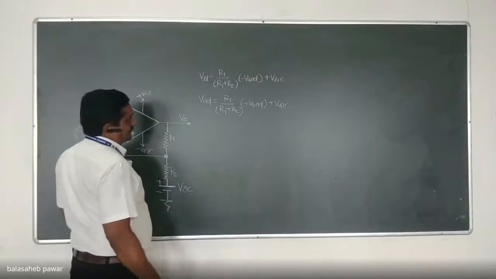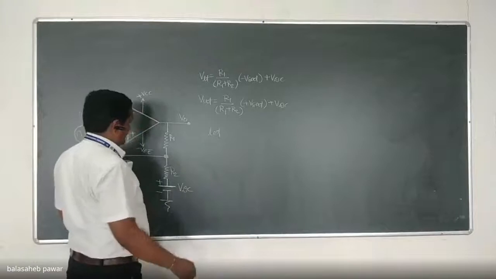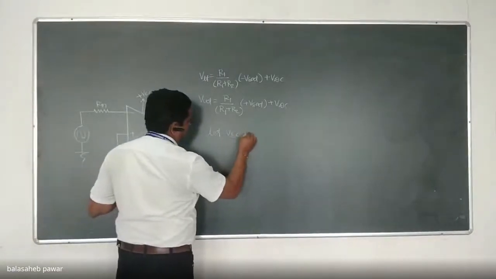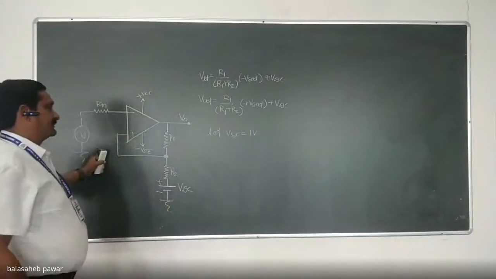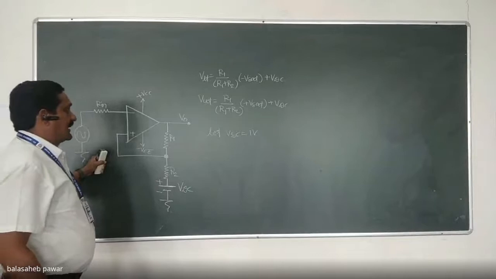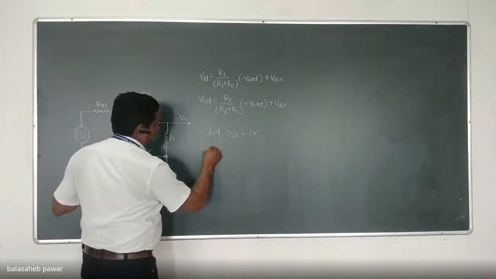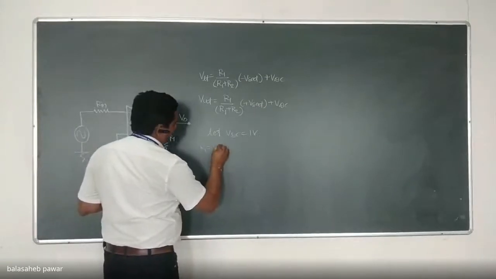See, just consider that VDC equals 1 volt, this one as a dedicated DC source. R1 is equal to, suppose, 10 kilo ohm.